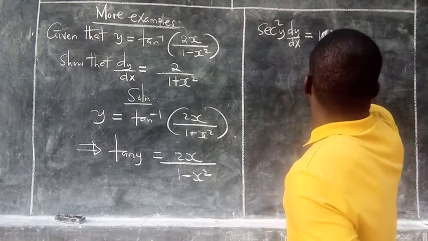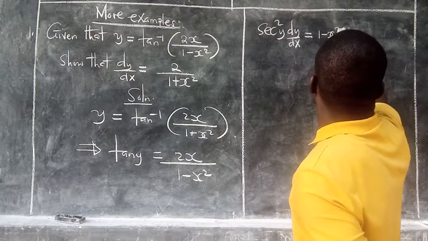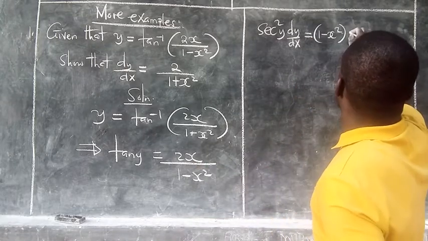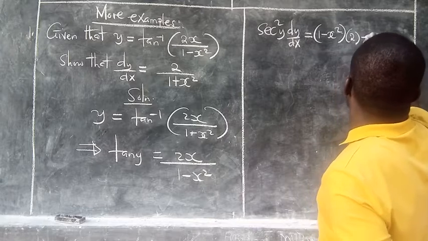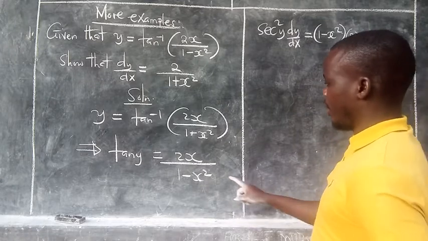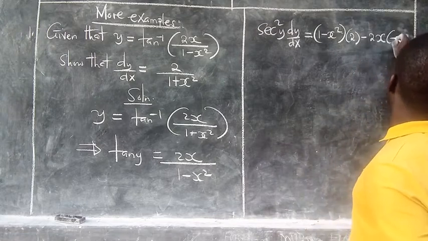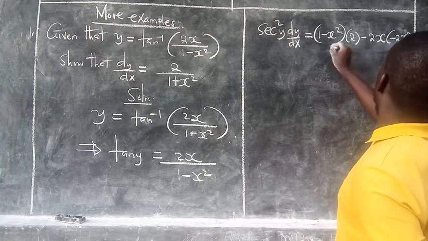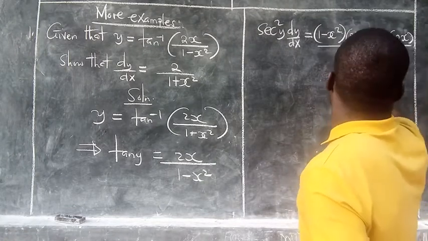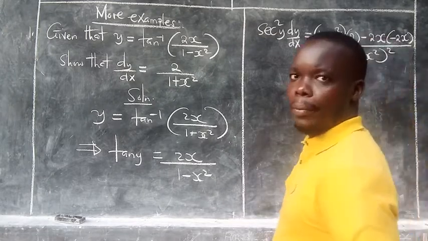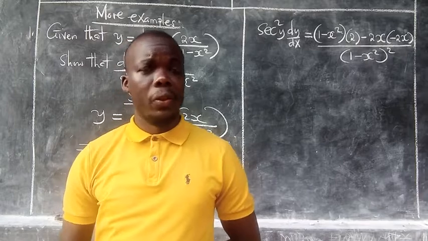So I will say v, which is 1 minus x squared, into brackets. I differentiate the numerator, which is going to give us 2, minus the numerator, which is 2x, because that is our u, differentiate the denominator, that will be minus 2x. Then all this divided by 1 minus x squared, but all squared. So I've applied the quotient rule on the right.